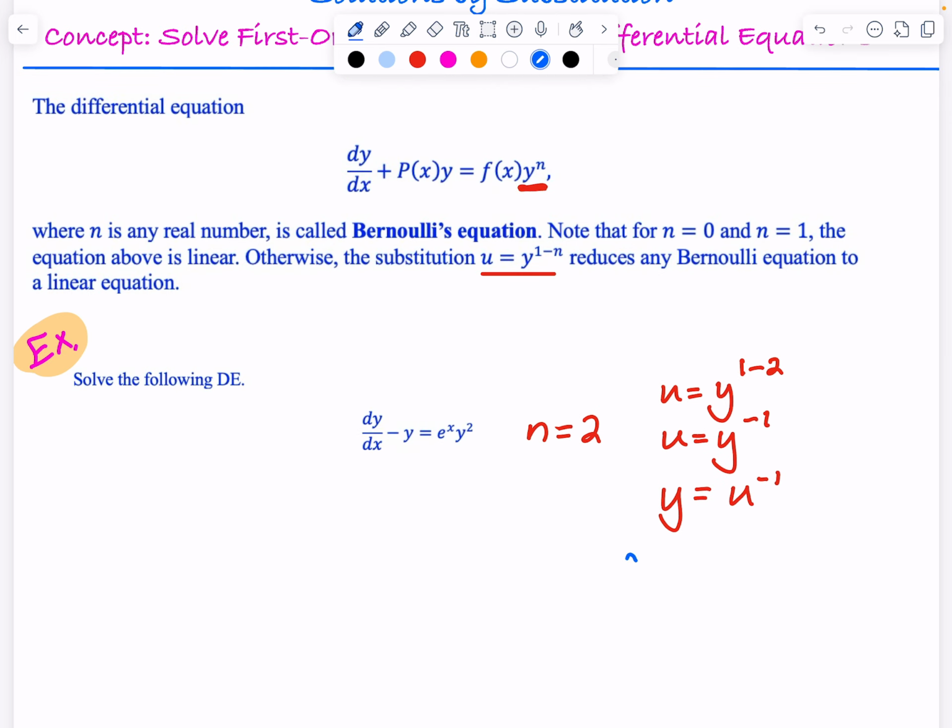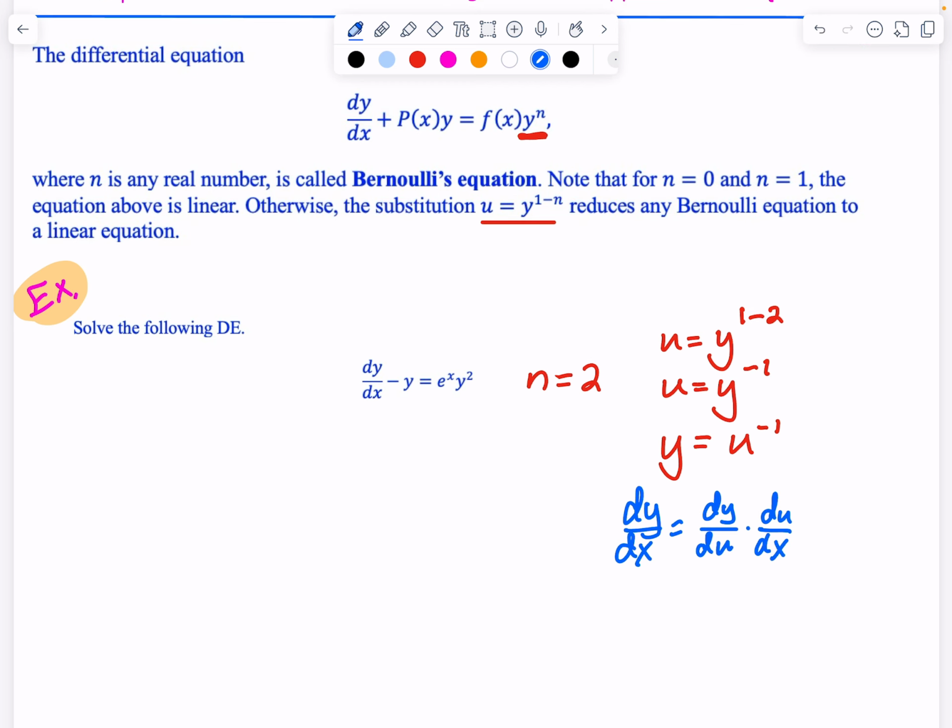Okay, so dy dx. If you remember back in Calc 1, we can think of this in a chain rule type of way where we do dy over du and then du over dx. That's a chain rule. Now, I could follow that exactly from what we have above to get a new equation. dy dx, that's what I'm trying to replace.